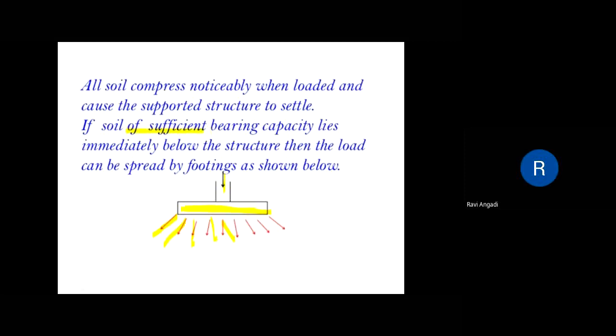If soil of sufficient bearing capacity lies immediately below the structure, then the load can be spread by footings as shown below. Like this, the load gets transferred. This is the function of a footing, to transfer the load over a wider area, or to distribute the load uniformly on the soil.